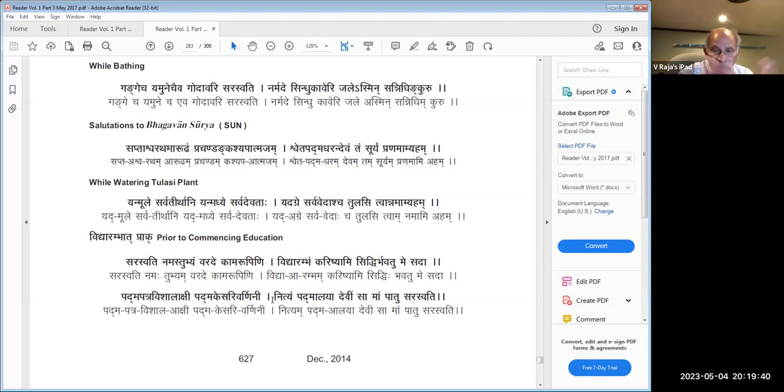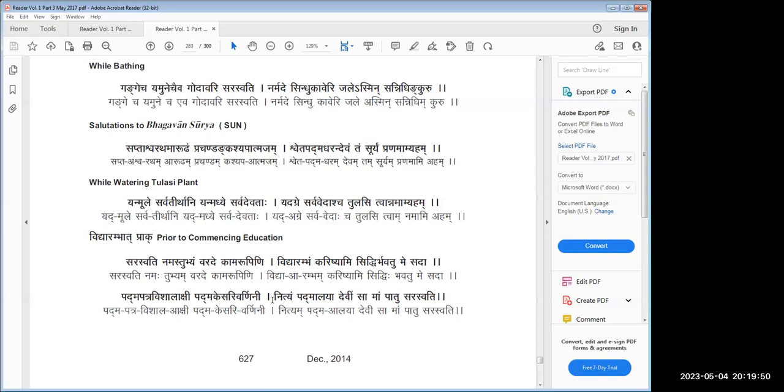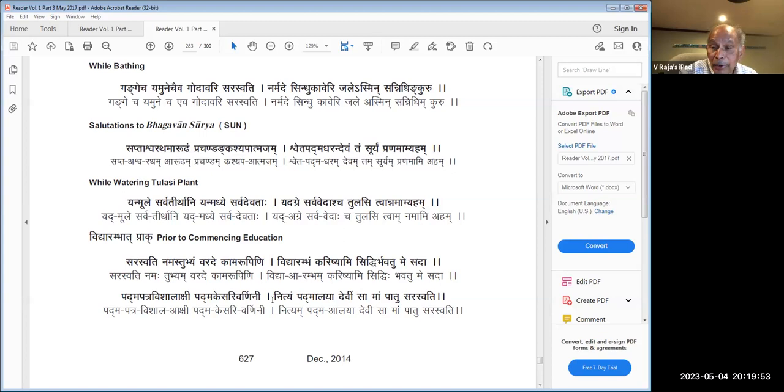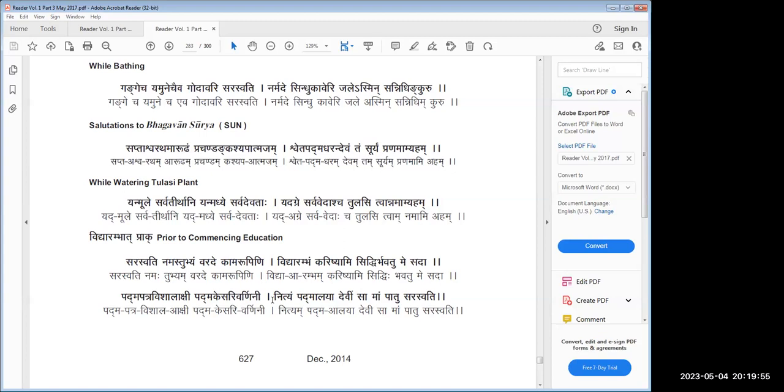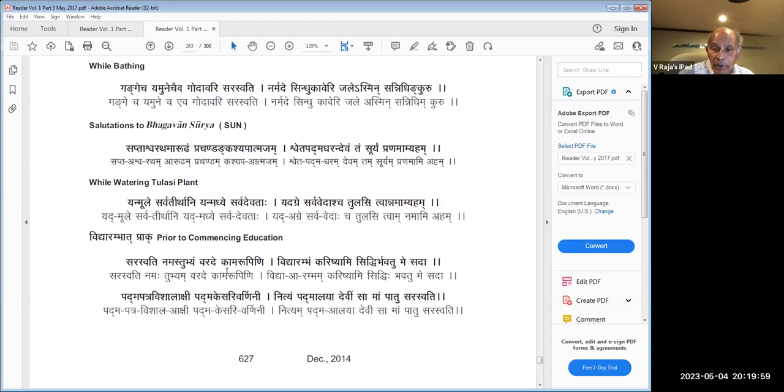In Telugu we have a name for the backyard, Tulasi kota. After bathing, before they do anything, they do that.